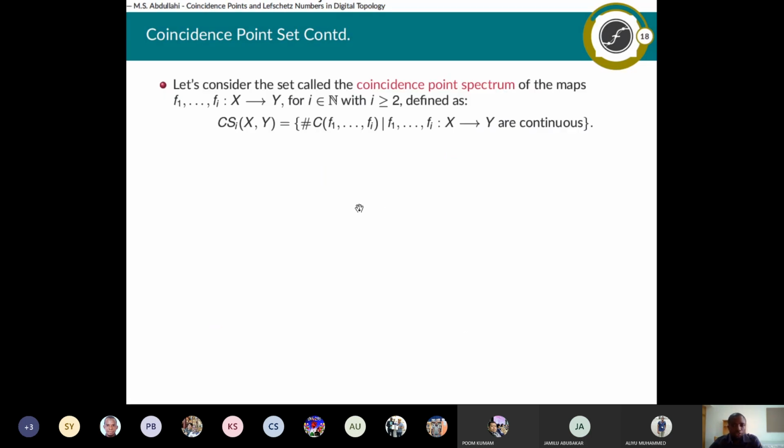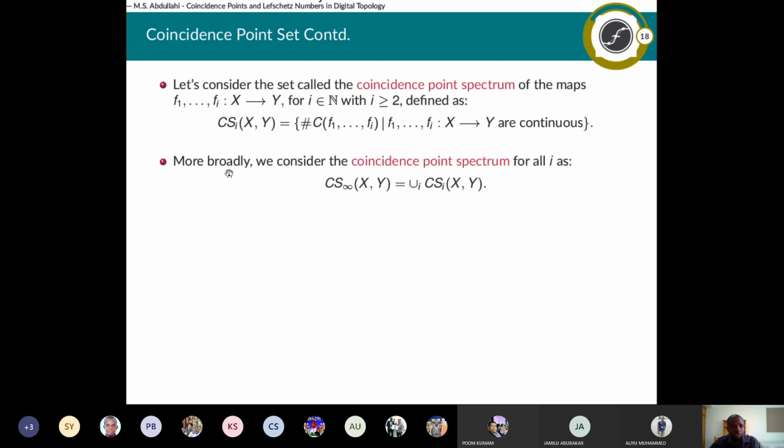To continue in this direction, we define what we call the coincidence spectrum of the mappings F1 up to Fi, where i is any number greater than or equal to 2. This gives us the cardinality of the coincidence set of the functions F1 up to Fi.